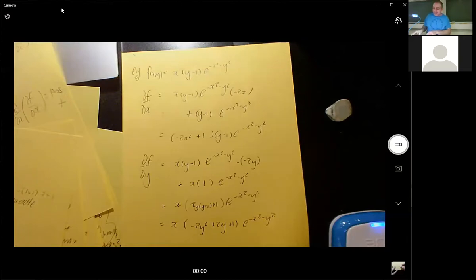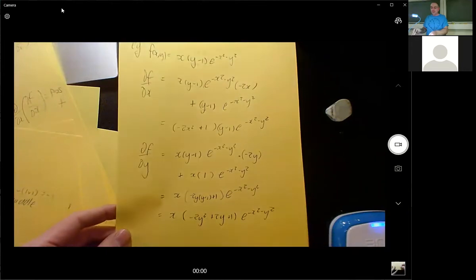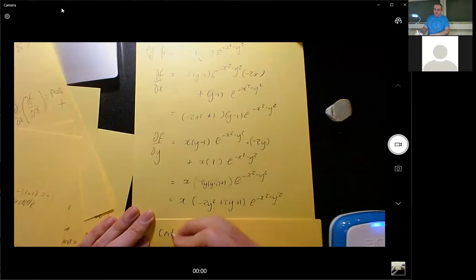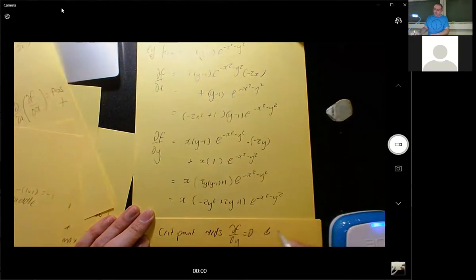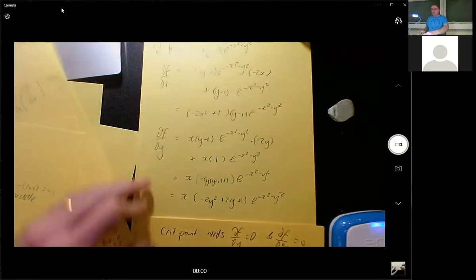Okay. So I need both of these to be 0 at the same time in order to get a critical point. Okay, so let me create those equations.